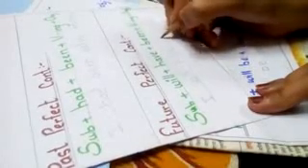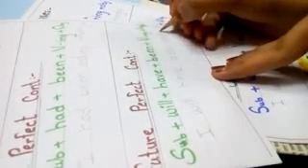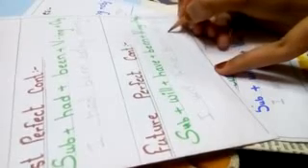Now, future perfect continuous. For future perfect continuous, the formula is subject plus will plus have plus been plus verb with ing plus object. So here I will write an example: I will have been eating mango.